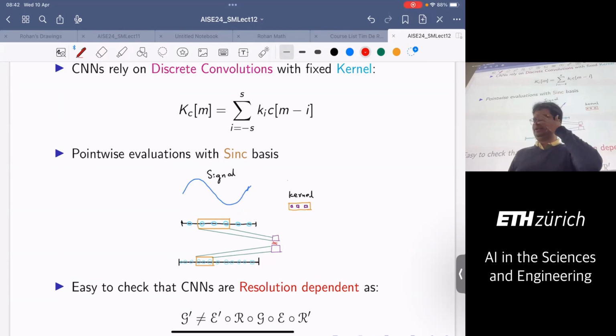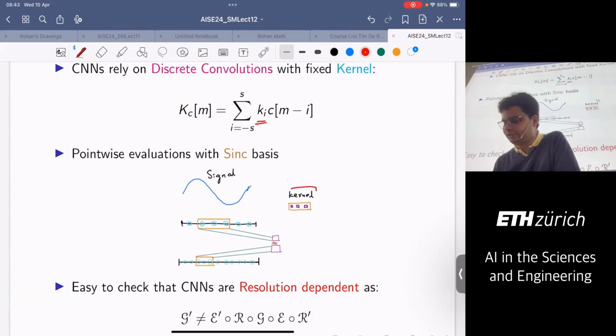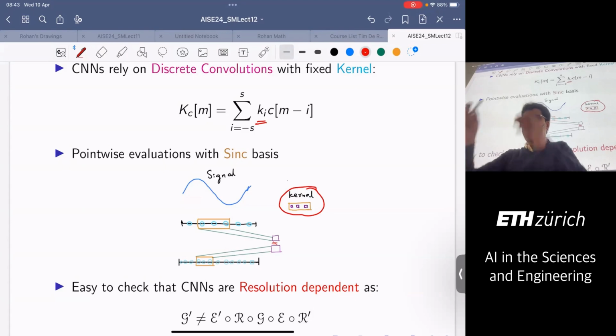And then what does a CNN do? It doesn't do the sort of complicated gymnastics that I just explained. That's why it doesn't work, of course. What it does is that it always has this convolution kernel, given by some K. Graphically, I'm representing this by this kernel here. There is a window.